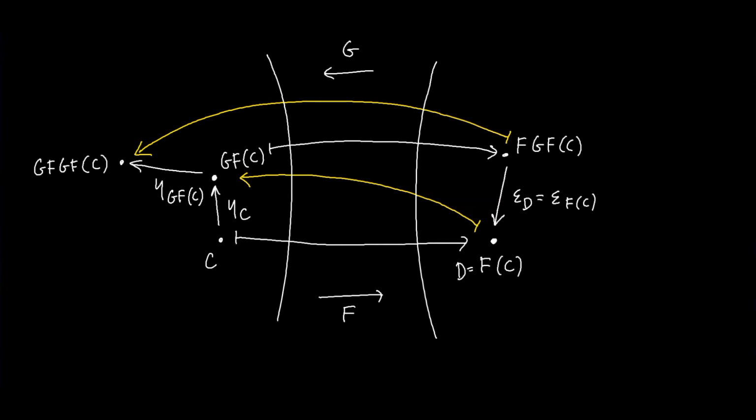So let's draw that in. Maybe I'm going to use a yellow color for this. In a sense, this is an alien coming from the other category.